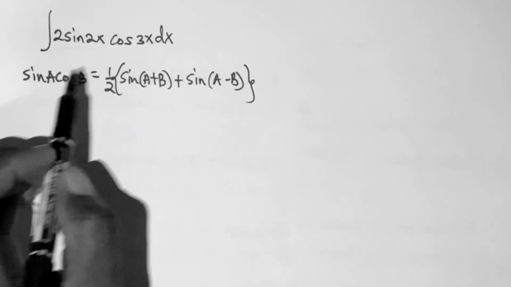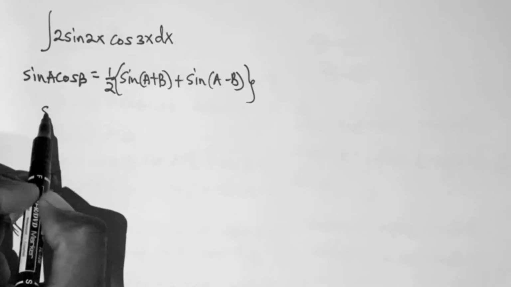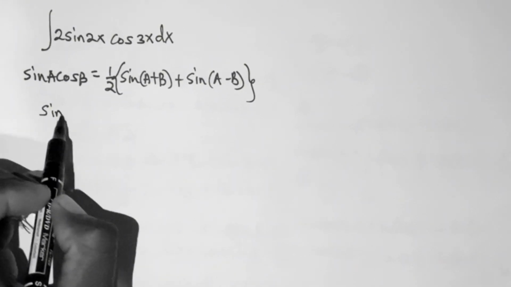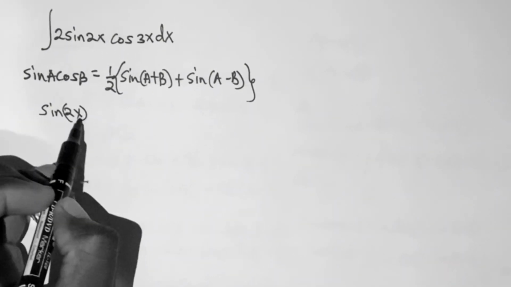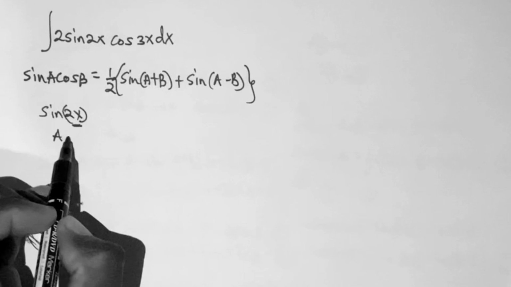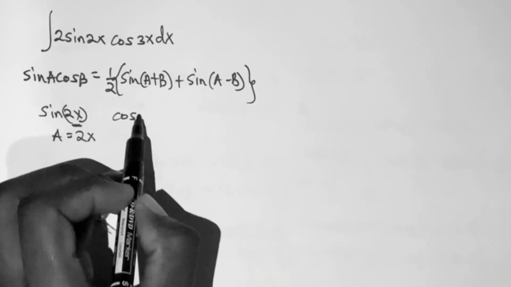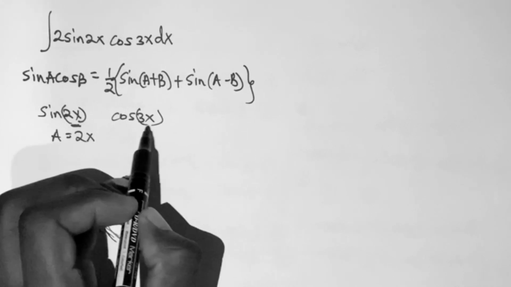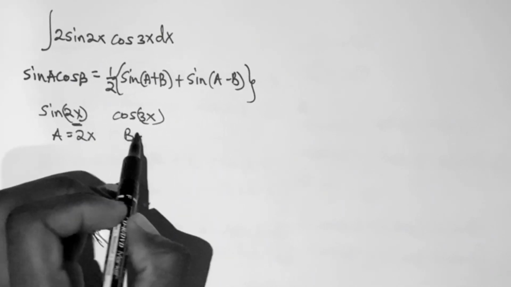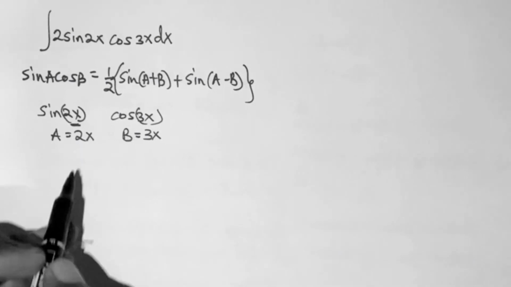So what it means is that the sine 2x, this 2x is A, so A is equal to 2x, and then the cos 3x, this 3x is B, so B is equal to 3x.